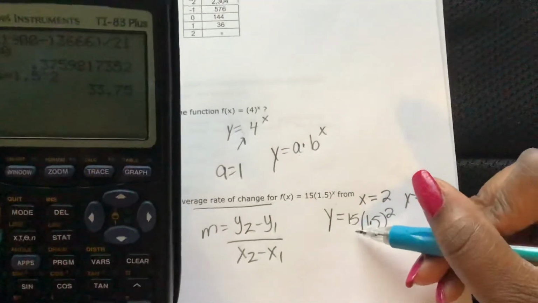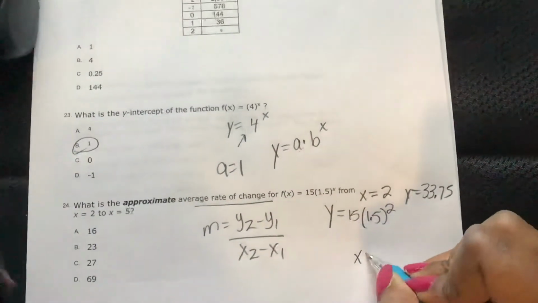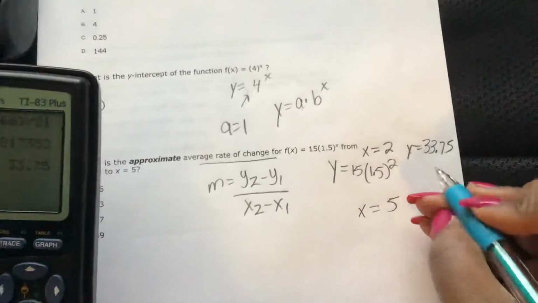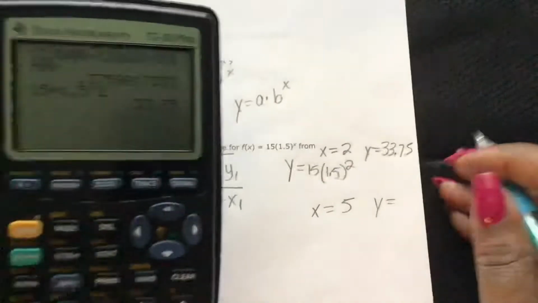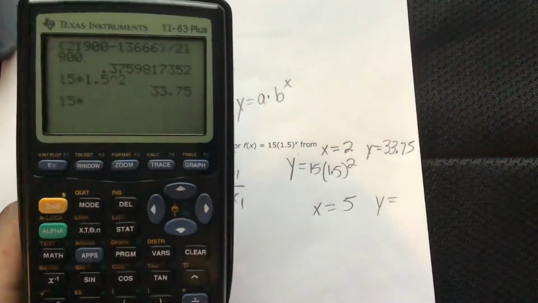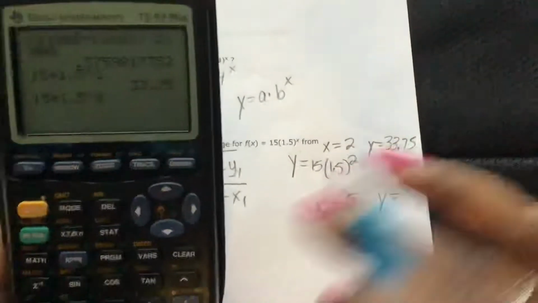Make sure I type that in right. Yes. All right, so the other one, the x value is 5. So when you do this one, you have to figure out what the y is again. So we got 15 times 1.5 caret key. This time it's going to be 5, okay?